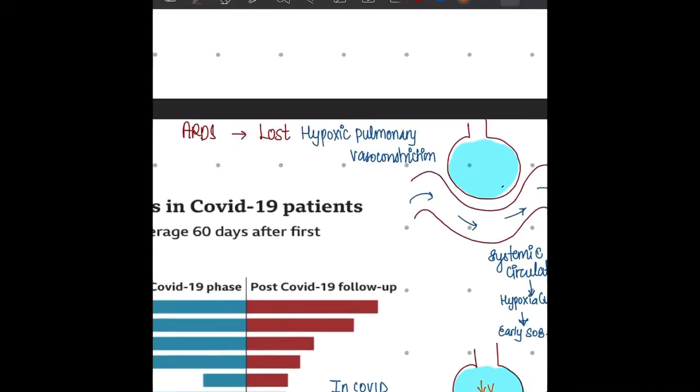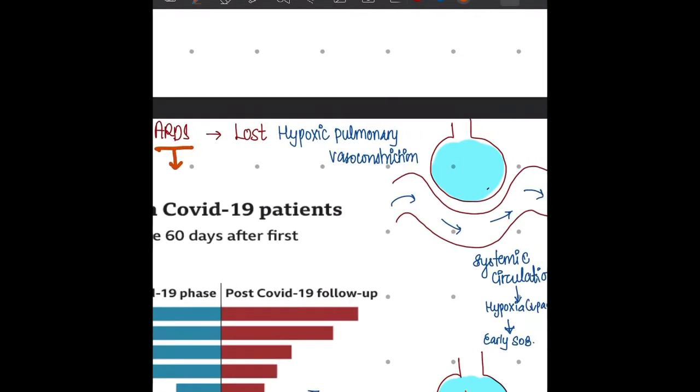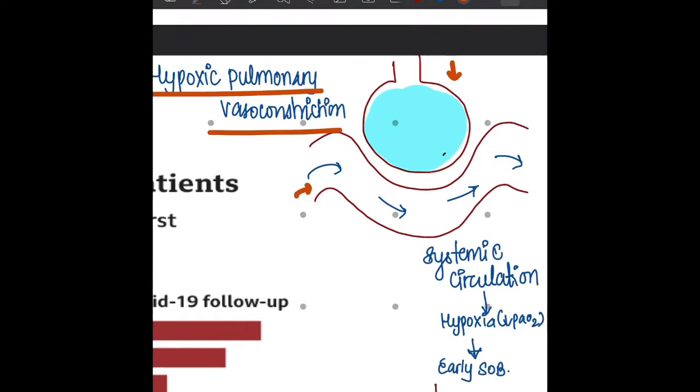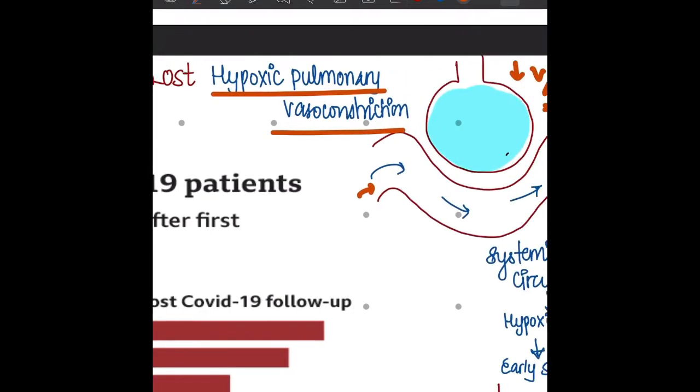In other forms of ARDS, because of damage to the lung parenchyma, there is loss of a particular reflex called hypoxic pulmonary vasoconstriction. Normally, if due to any cause there is decrease in ventilation of an alveolus, our body also decreases perfusion of the neighboring blood vessels, so that the VQ ratio is kept at a normal level. But in ARDS, because there is damage to the parenchyma, this hypoxic pulmonary vasoconstriction is also lost.